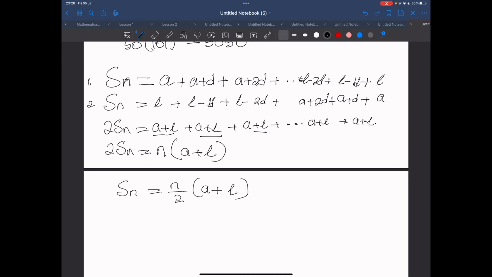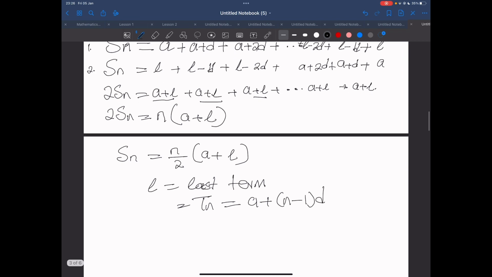Now, before we can even apply it, let me indicate that the L is the last term. We said that it is the last term. The last term is actually the nth term, term n. And we said that term n is a plus n minus 1 d.